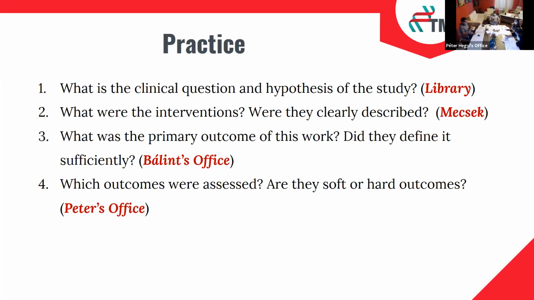Which outcomes were assessed, and were they soft or hard outcomes, or should we only focus on which were the softest of these outcomes? I'm asking my group to give our opinion on this question. The primary outcome was the annualized rate of asthma exacerbations per patient. This is a hard outcome.